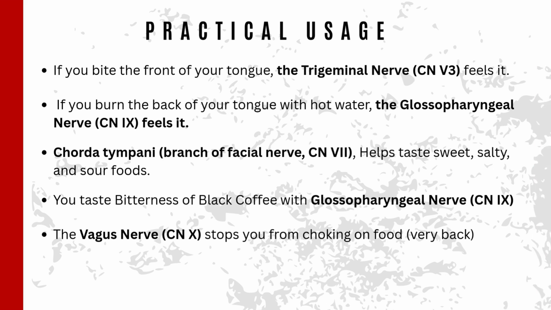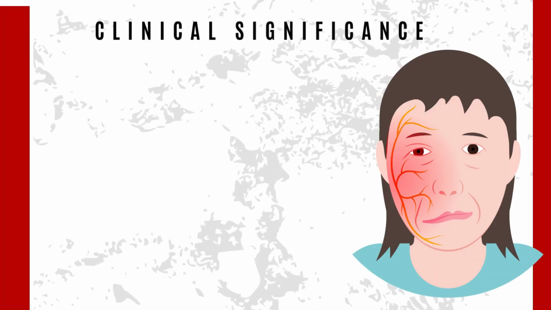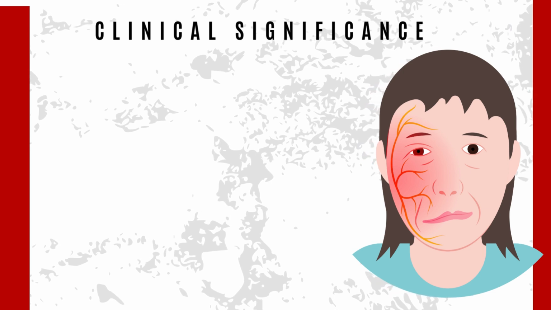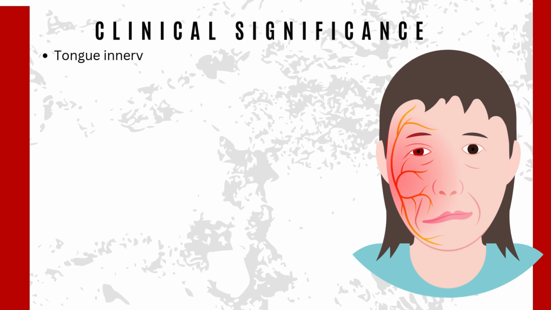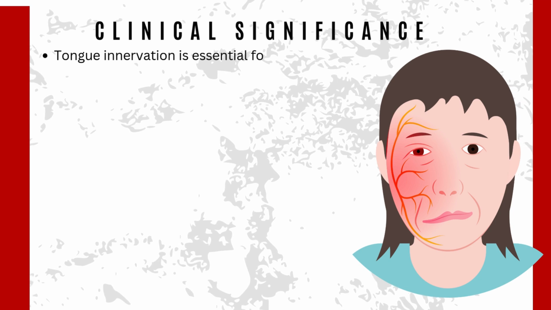Now, from a clinical perspective, why is this tongue innervation so important? That's because the tongue nerves serve three main functions: talking, that is speech, tasting food, and swallowing.